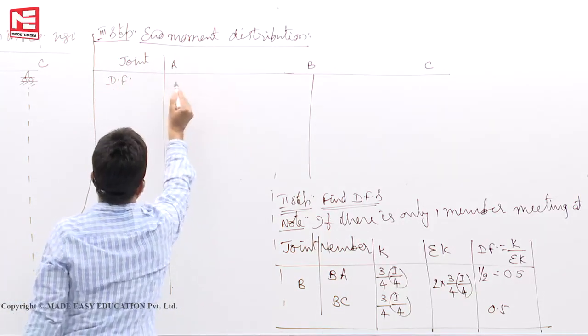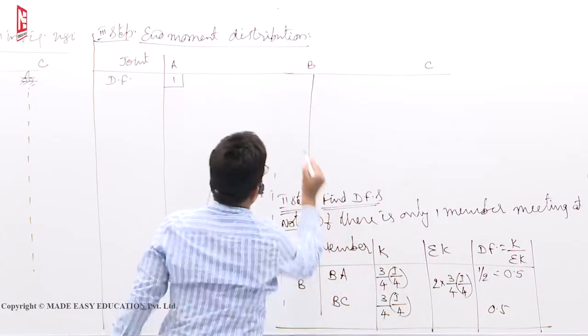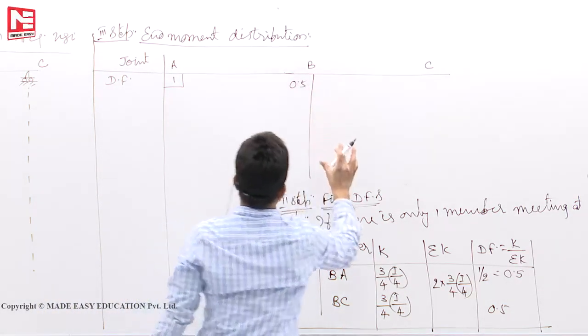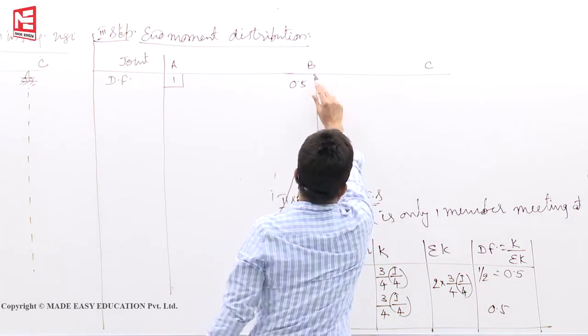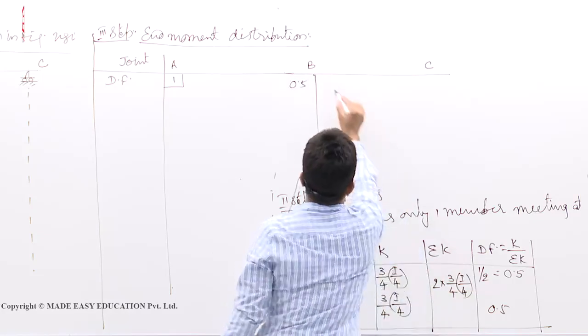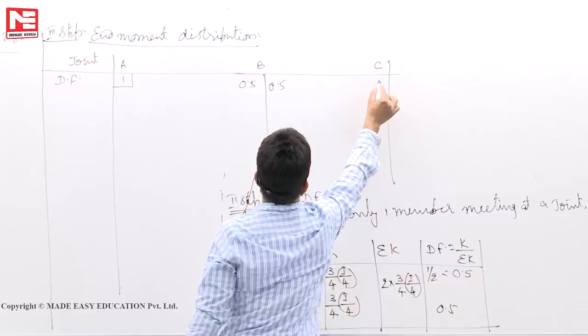At A for the member AB it is 1. At B for the member BA it is 0.5. At B for the member BC again 0.5. Then at C for the member CB it is 1.